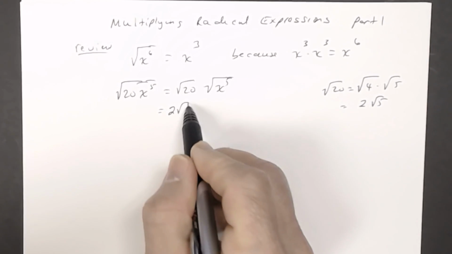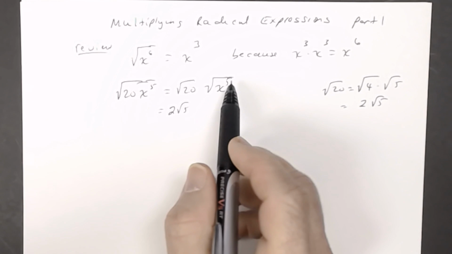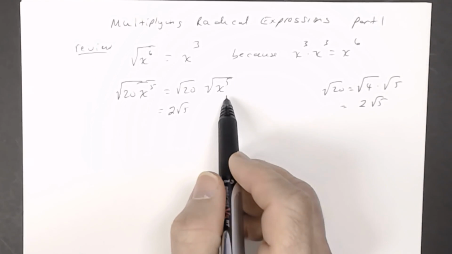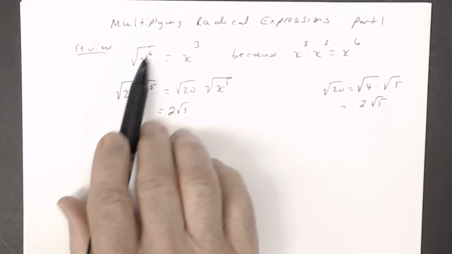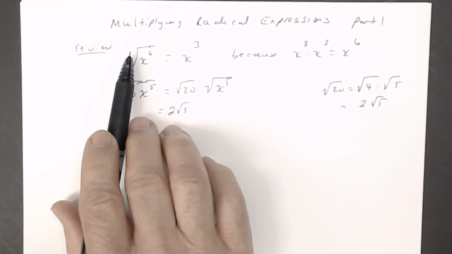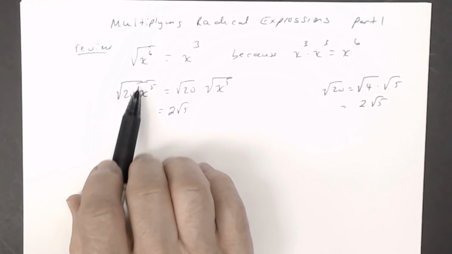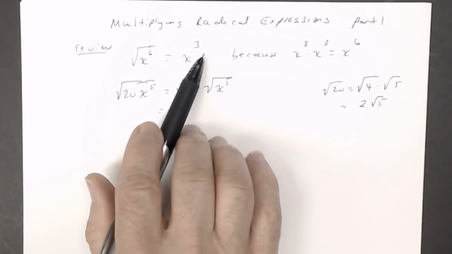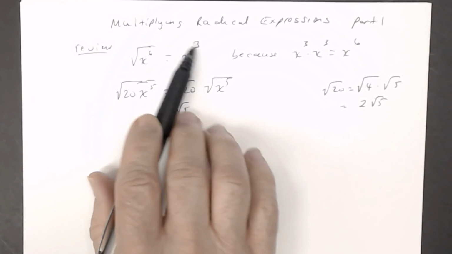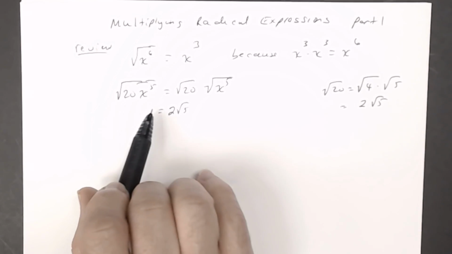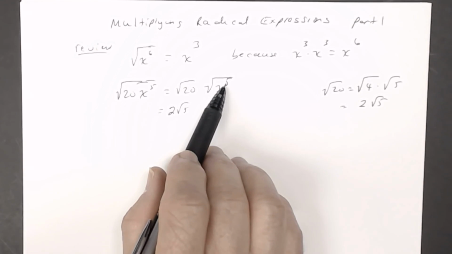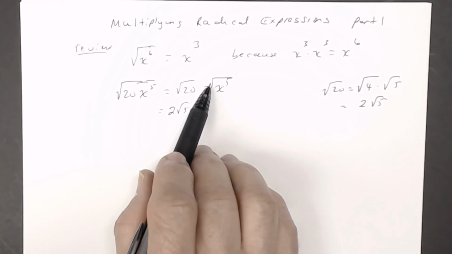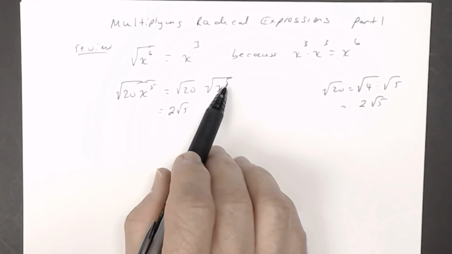Then we asked ourselves, since the index is 2, that's even, I want the exponent to be an even number, because then I can rewrite this without a square root. What's the largest even number less than 5?